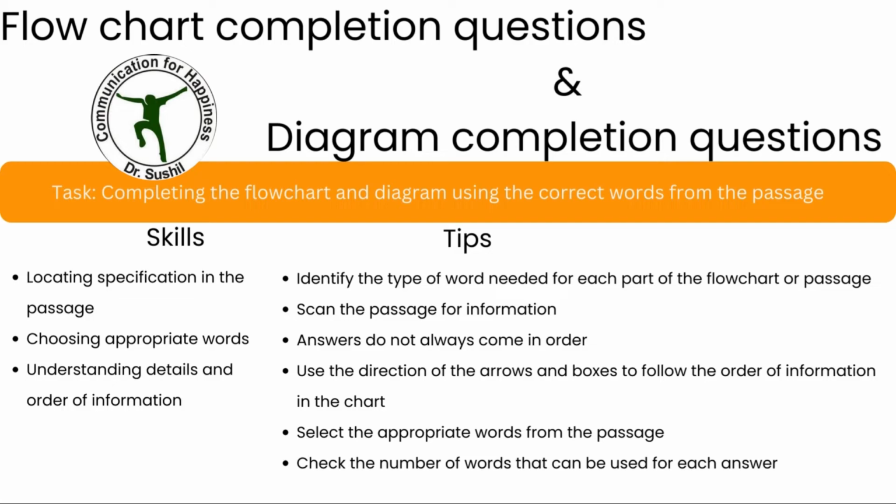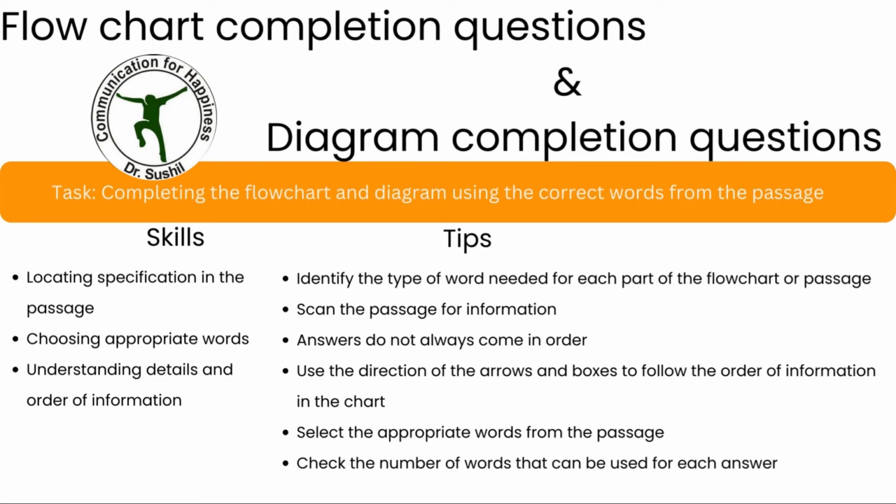The tips that could be used can be: you have to identify the type of word that is needed for each part of the flowchart or diagram. Scan the passage for information. Answers do not always come in order. Use the direction of the arrows and boxes to follow the order of the information in the chart. Select the appropriate words from the passage. Check the number of words that can be used for each answer.